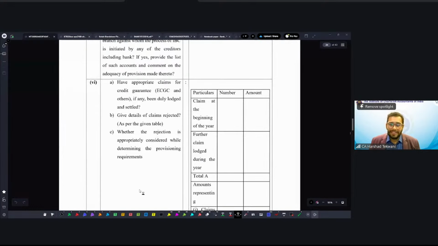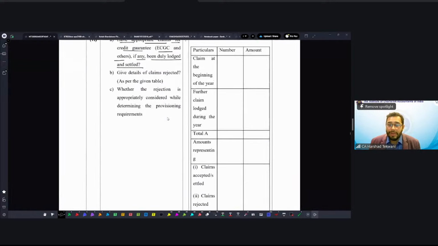This is a specific part I'm showing you as of now, where we are talking about the claims when we have these central government guarantees backing. So as an auditor, we are required to provide that appropriate claims for the credit guarantee, ECGC and others, if any, have been duly lodged and settled. If it has not been lodged, we are required to give the details over here, why those credit guarantees have not been duly lodged.